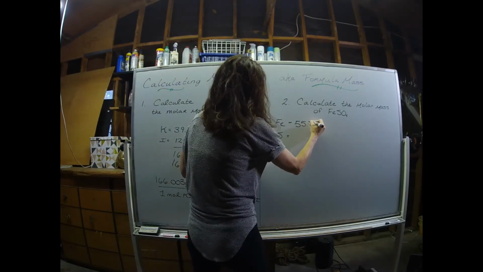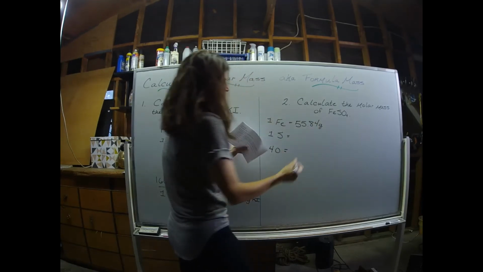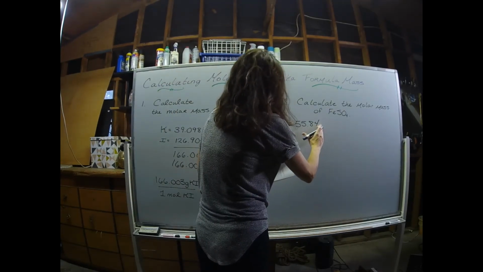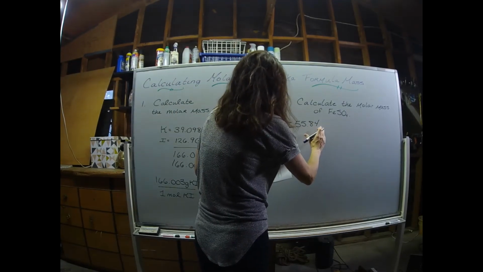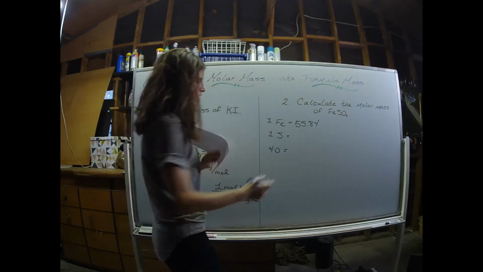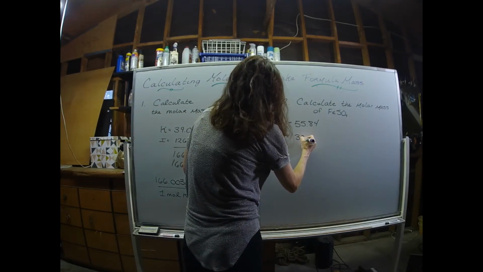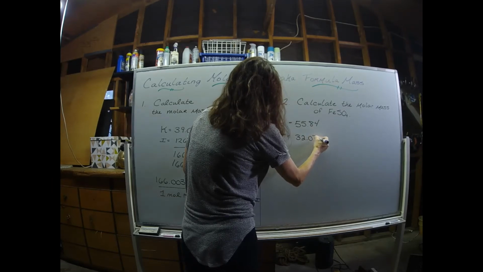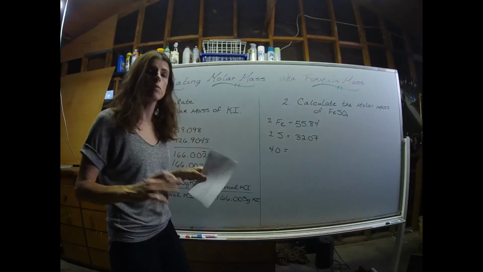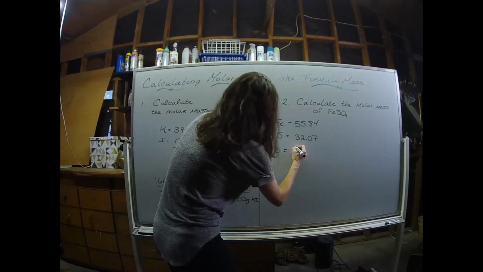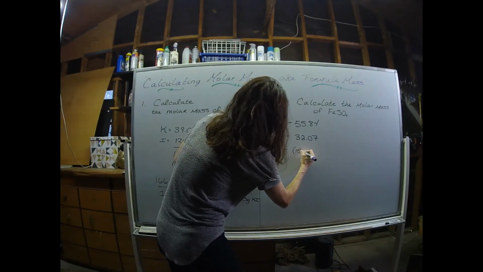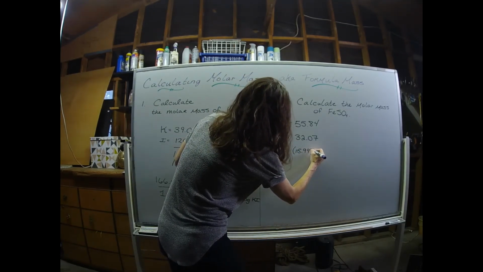So 55.84 grams. Maybe I'll leave out the units till the end. And sulfur is 32.07. And oxygen is 15.999. But I'm going to want to multiply that by 4.